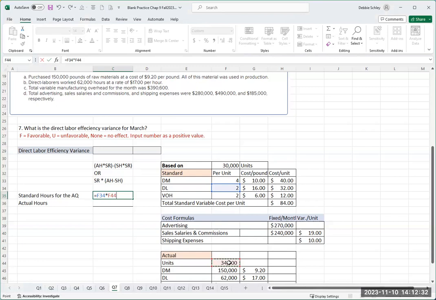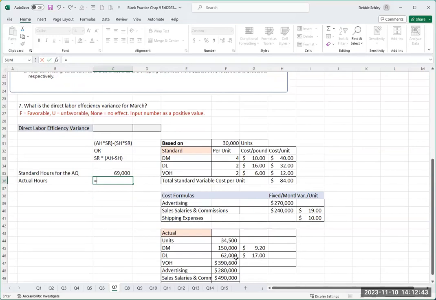So that's the actual units times the standard hours per unit. And then they told us that it was actually 62,000 hours. And so the standard hours minus the actual hours equals 70,000 hours.